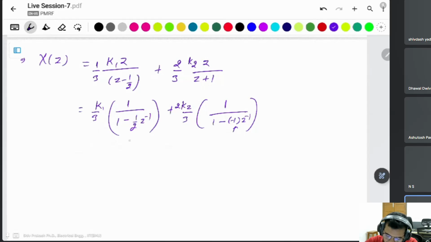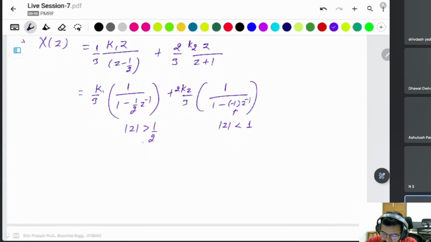Okay, half, it will be mod of z greater than half, and this will be 1, the mod of z is less than 1. Then you have to choose the greater-than form for this formula and the less-than form for this one.